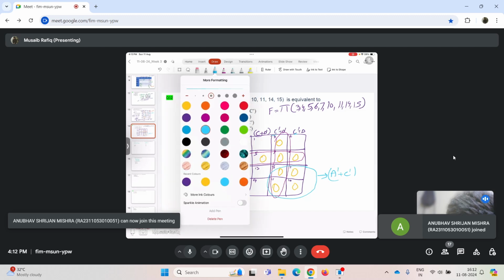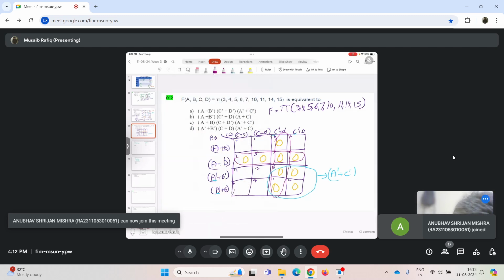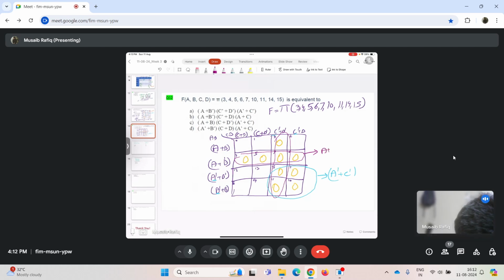Then another one here whose contribution is A plus B bar, and another whose contribution is simply C bar plus D bar.